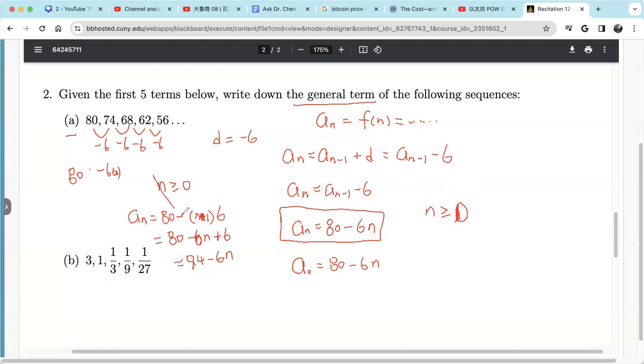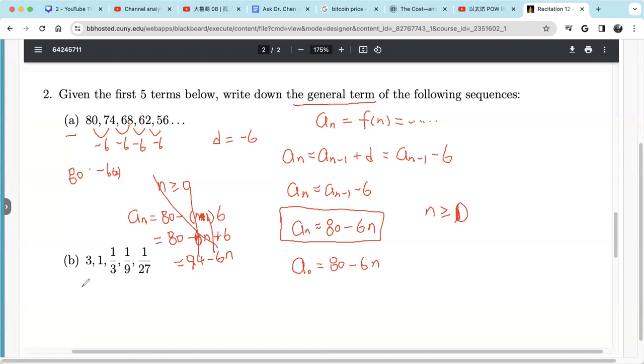Okay, forget about it. So indeed, if we make an equals 80 minus 6n, that's with n starting from 0. If we want n to start with 1, we need to do n plus 1 here. Then the next term will be 74. All right, so that's the general term.